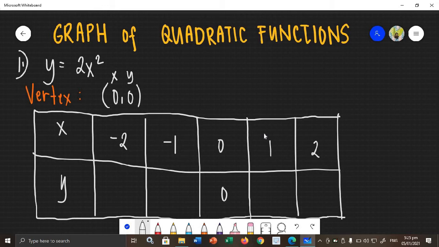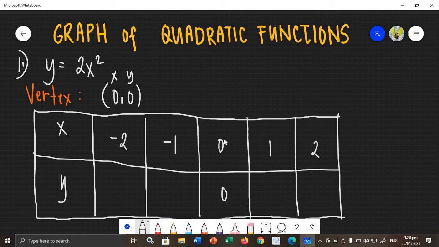I'm just going to check lahat. Kung ano lang gusto nyo. Either 5 or 7 na ordered pair yung kukunin nyo, it will still look the same, yung graph. So, maglilimit tayo sa 5 na ordered pairs lang.